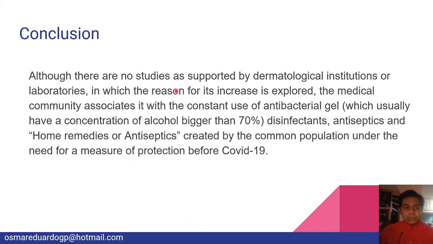Although there are no studies supported by dermatological institutions or laboratories exploring the reason for its increase, the medical community associates it with the constant use of antibacterial gel, which usually has an alcohol concentration greater than 70%, disinfectants, antiseptics, and home antiseptic remedies created by the general population out of the need for protection against COVID-19.